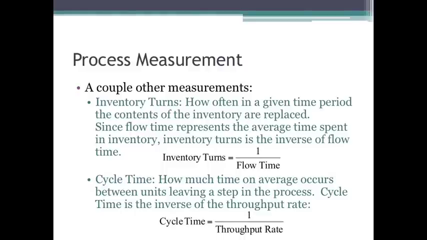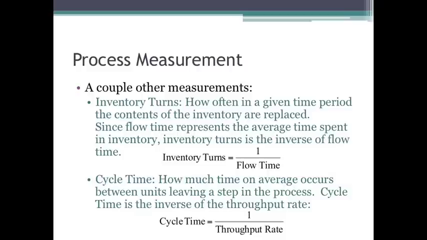Now, since flow time represents the average time that an item spends in inventory, inventory turns is, in general, the inverse of this flow time. So inventory turns may equal 1 divided by the flow time. Now, we do need to be careful about how we view this because, well, numbers are almost never just numbers. So if flow time is in days, inventory turns is per day. So just something to think about.